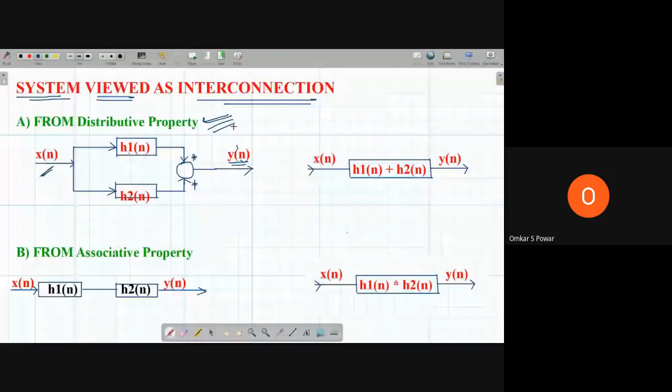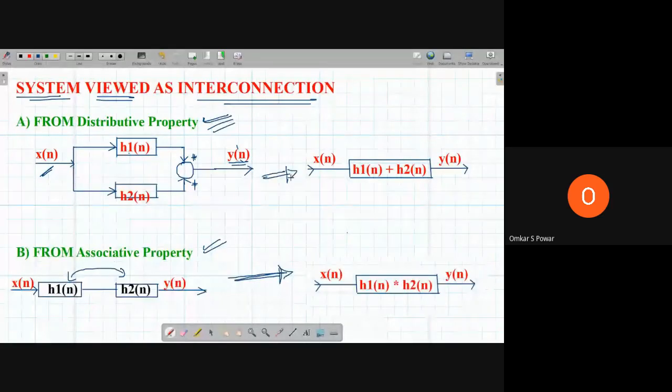Then from the associative property, if the two impulse responses h1 of n and h2 of n are in series, you can convolve them. The equivalent diagram will be input x of n, output y of n, and h of n will be h1 of n convolved with h2 of n. These two you have to remember to solve the problems.